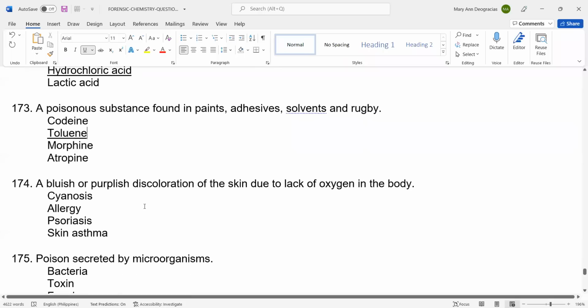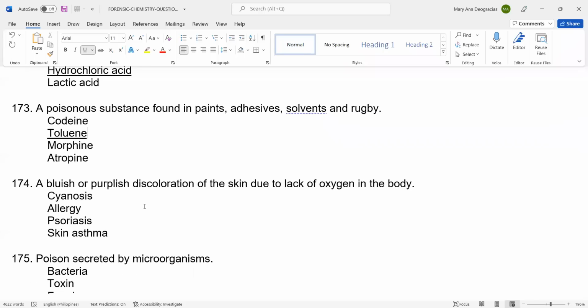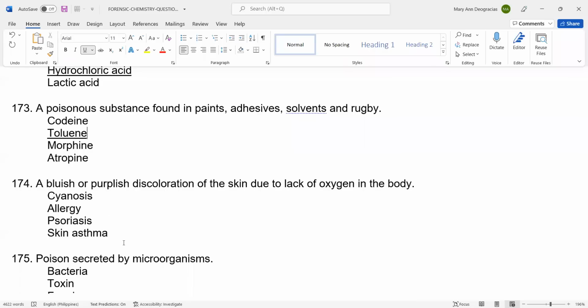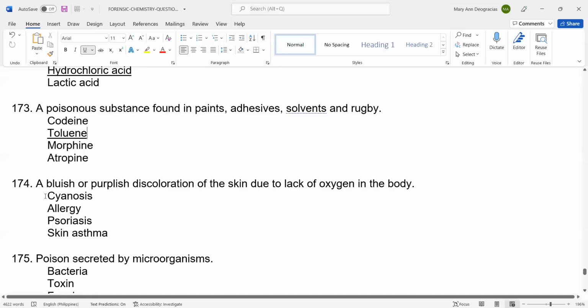Okay, a bluish or purplish discoloration of the skin due to lack of oxygen in the body. A, cyanosis, B, allergy, C, psoriasis, D, skin asthma. Sagot? Do you have an idea? Letter A, it's cyanosis. Nako, iba-iba kayo ng sagot. Cyanosis is the bluish or purplish discoloration of the skin.